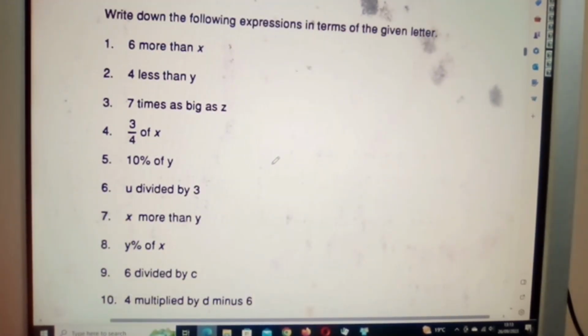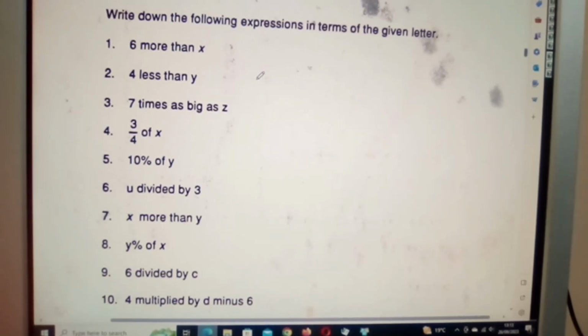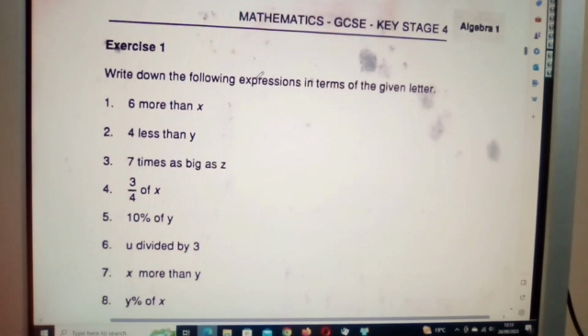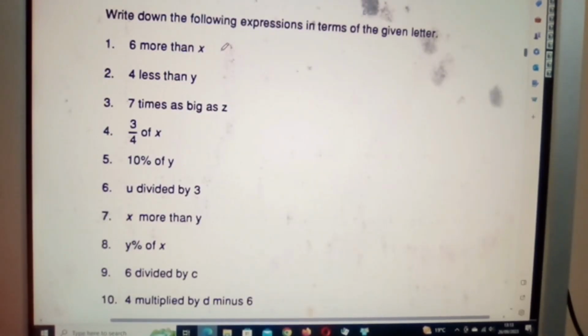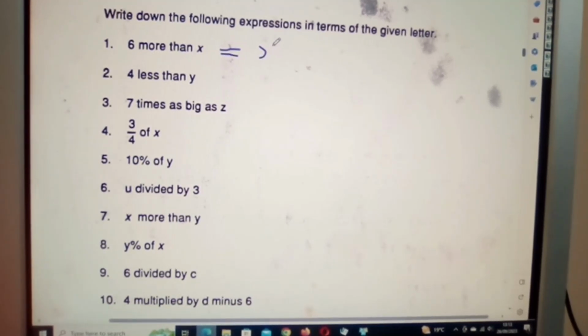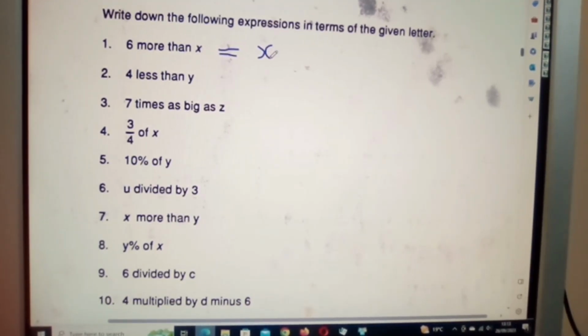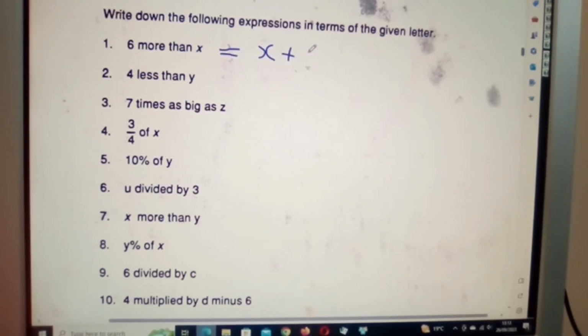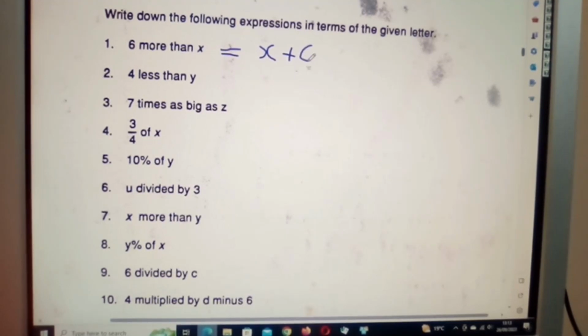And here, again, we have 6 more than x. Let me just give you a little starter here. Hopefully this should be x plus 6.